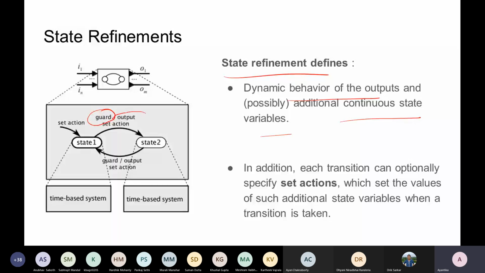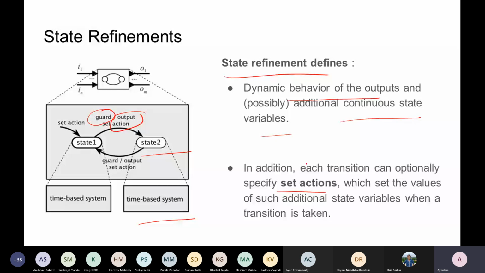Now this output action also may be continuous, but when we are making a transition, we consider the value of the guard at time t, and we set the value of this action at time t. That way we are considering all the states as a time-based system, but we are also incorporating the notion of discreteness, taking the value at a particular time t. So that is called state refinement, and also setting action, that means setting the action values.